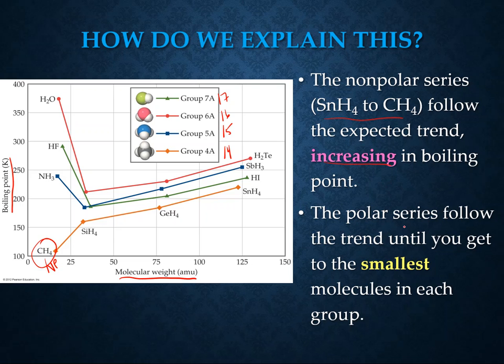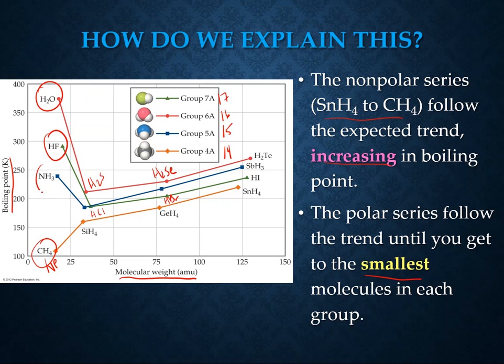Great. The polar series follows the trend until you get to the smallest molecules. So we have, here, the oxygen group, this would be H2S, and this would be H2Se, following the elements in the group as you go down the group. Here, HF, this would be HCl, and then HBr, and so forth, HI. What you're seeing here is these guys don't follow the trend.